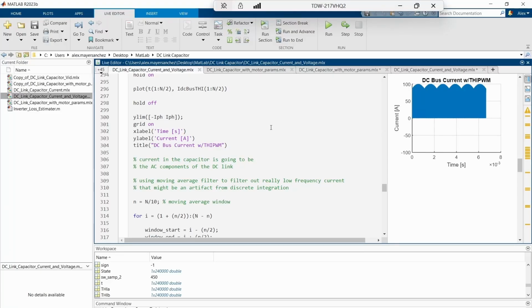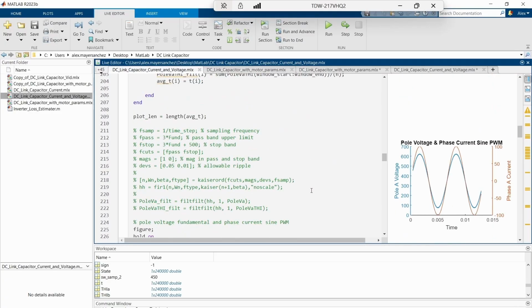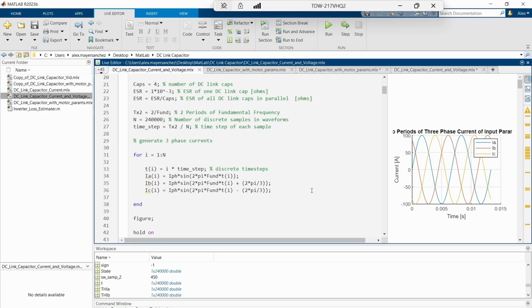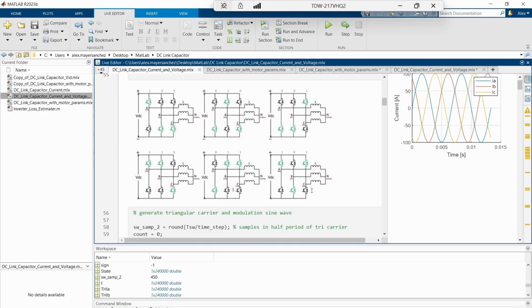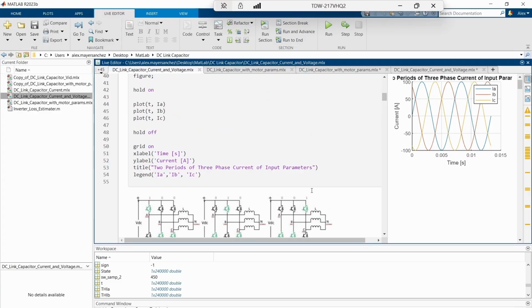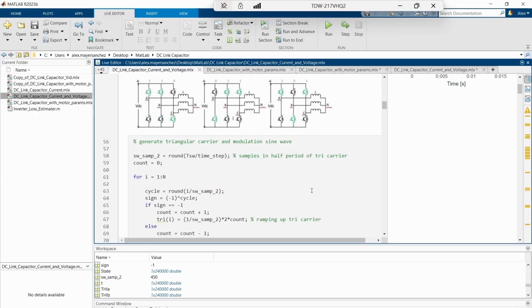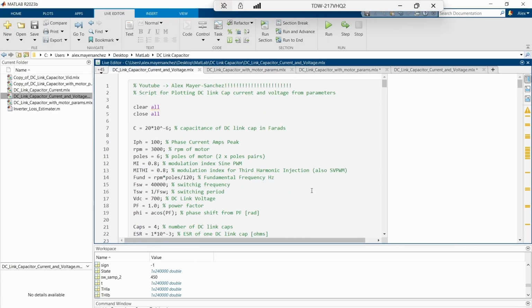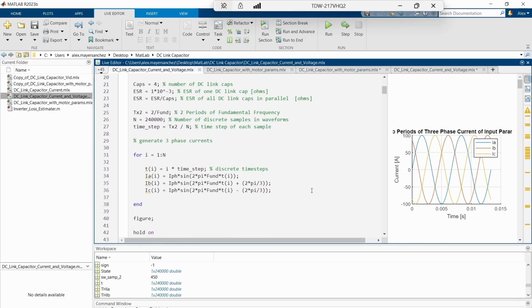This is part 3 of this DC link capacitor calculation series. Part 1 was about how to determine the switching states of a three-phase inverter based on parameters like modulation index and the power factor.